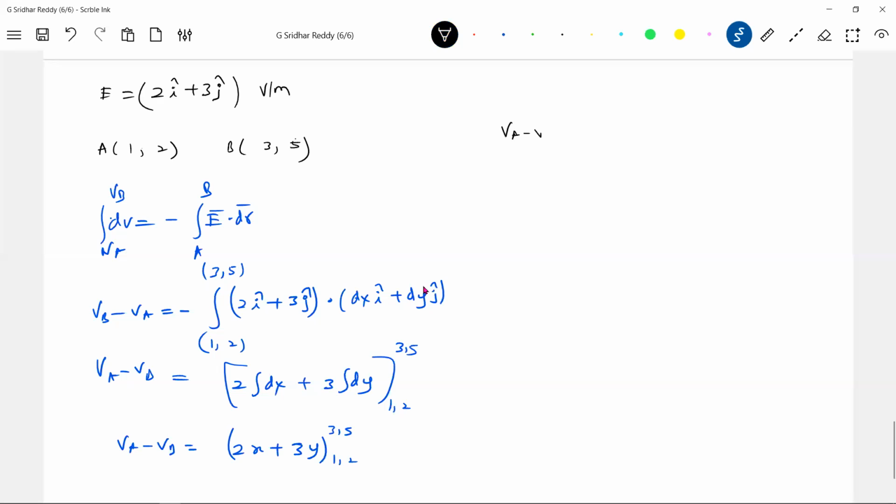So VAB is equal to... How should we substitute the limit? For the x, the limit will be 3 minus 1. For the y, it will be 5 minus 2. This will become 4 plus 9, so 13 volt.